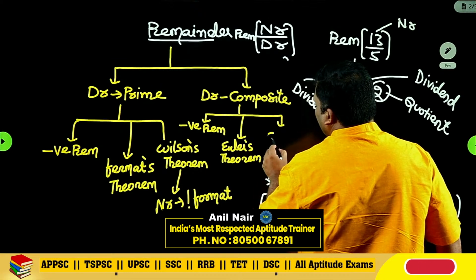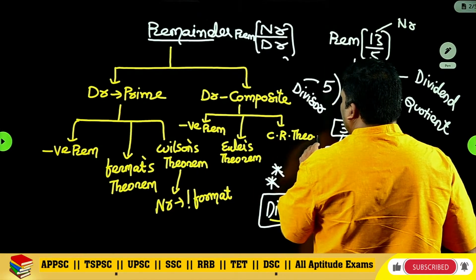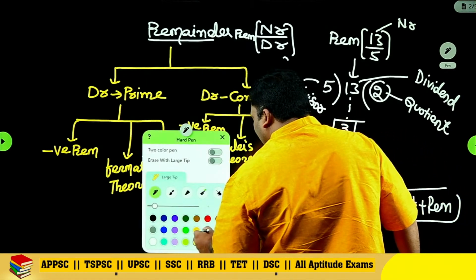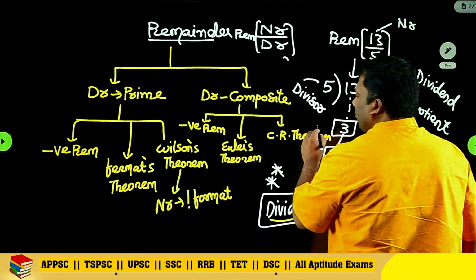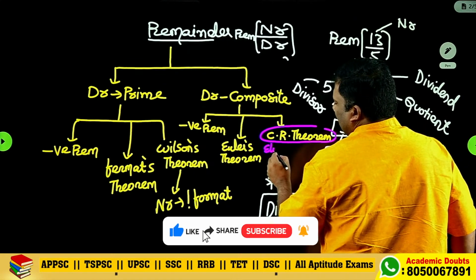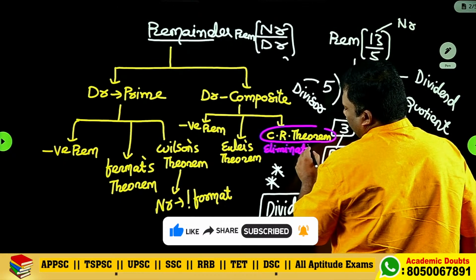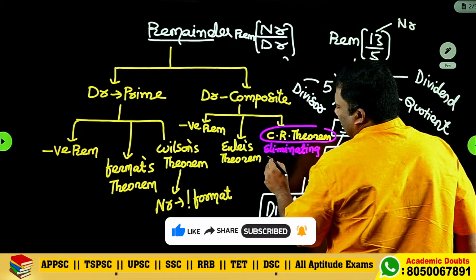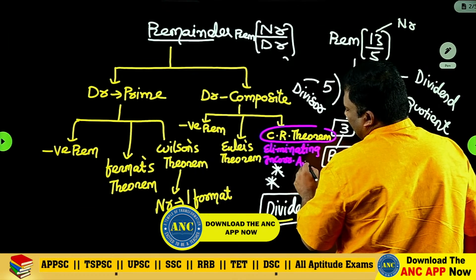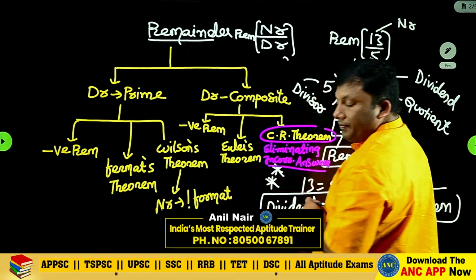If you want to eliminate answer options, we will use the Chinese remainder theorem. This Chinese remainder theorem will help us in eliminating incorrect answers.